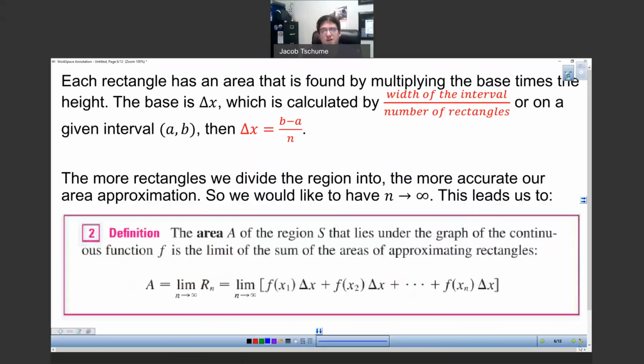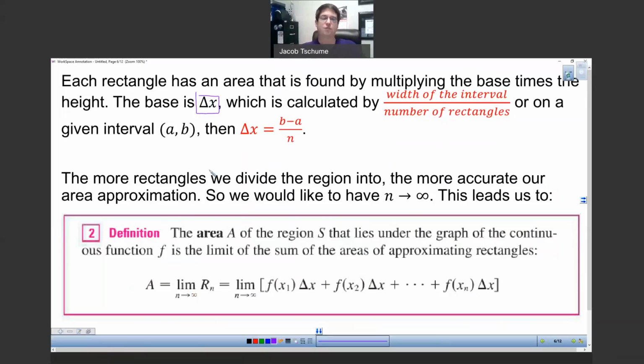That way we can increase the number of rectangles, but maybe not have to go through all of the tedious process. So as we just talked about, each rectangle has an area that is found by multiplying the base times the height. Let's start labeling some stuff. Let's call the base delta x, which we found earlier. Delta x is going to always be the same thing for every rectangle.